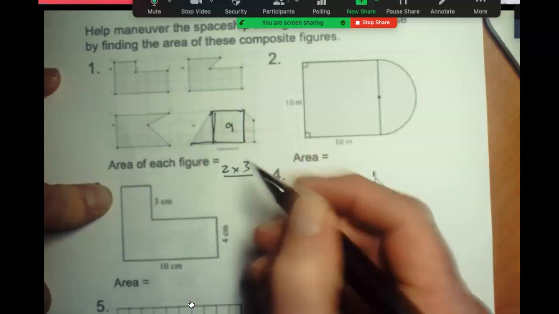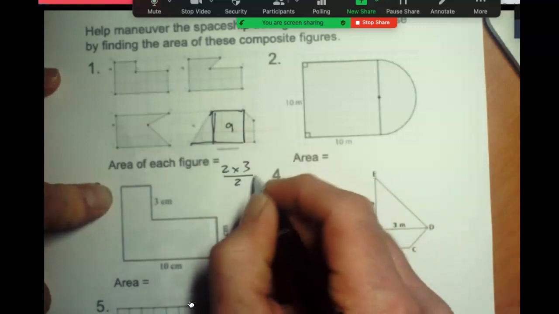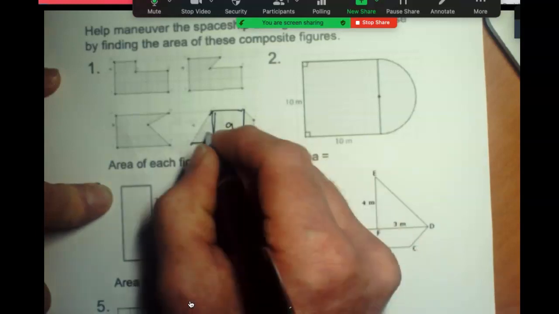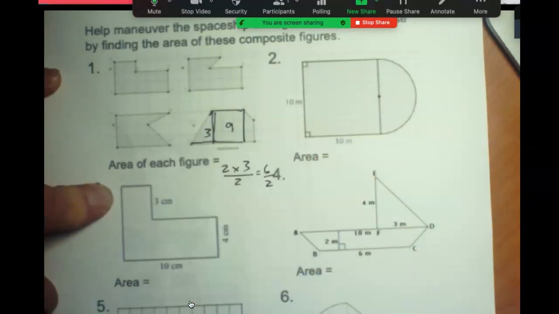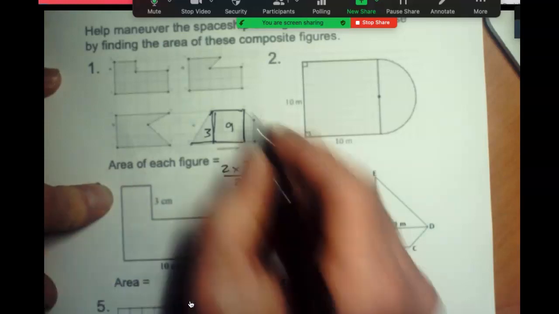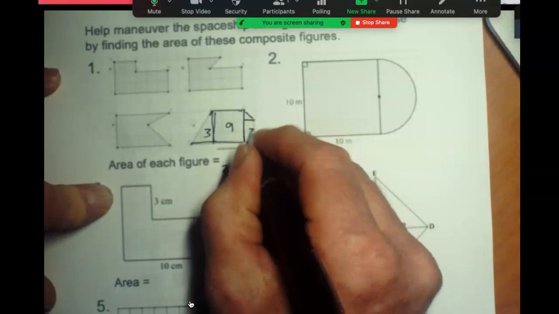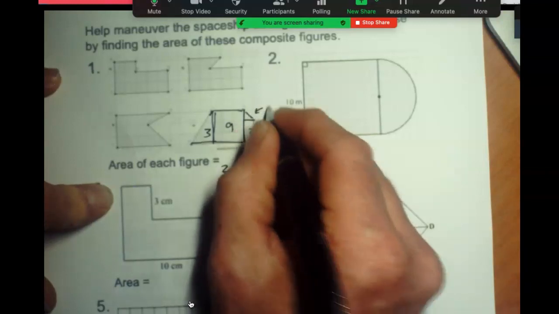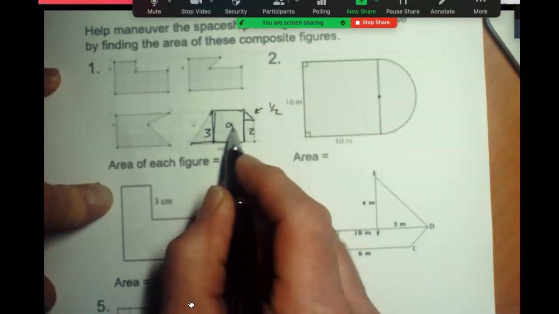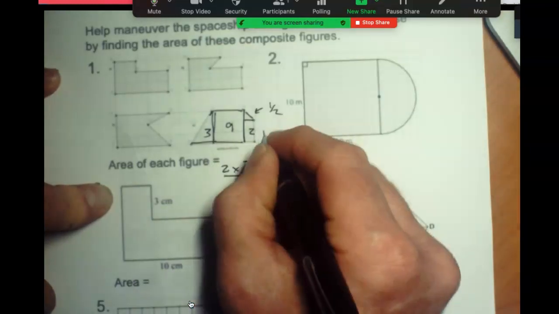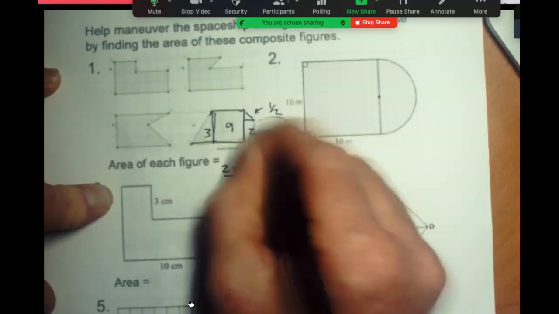And then because it's a triangle, I have to divide that by 2. So 2 times 3 equals 6. 6 divided by 2, so that's going to be 3 right there. And, well, we can break this guy down a little bit. This is going to be 2 of them over here, and then this little guy is a half. So we have 9 plus 3, which is 12, 13, 14. This one is 14 1/2.